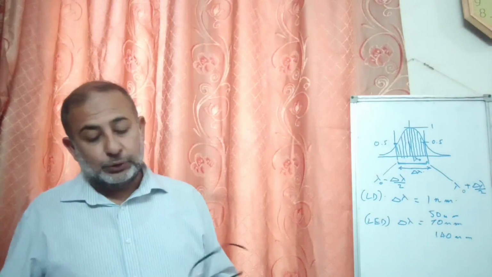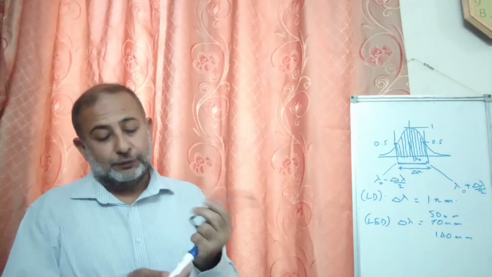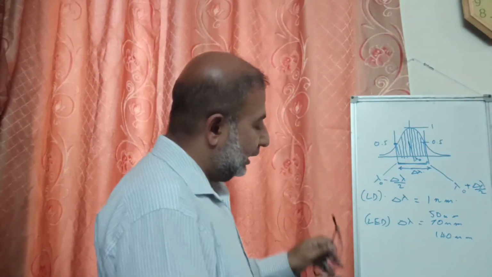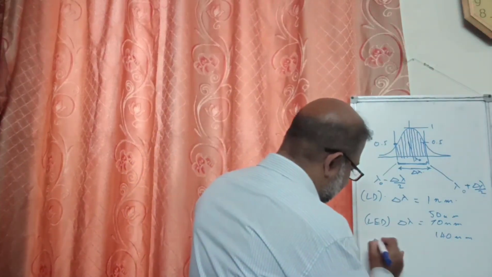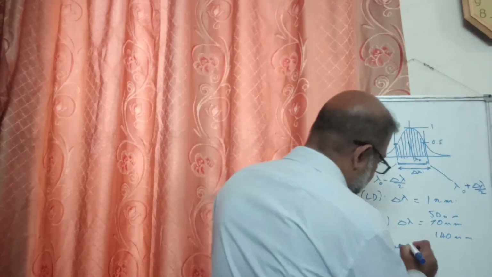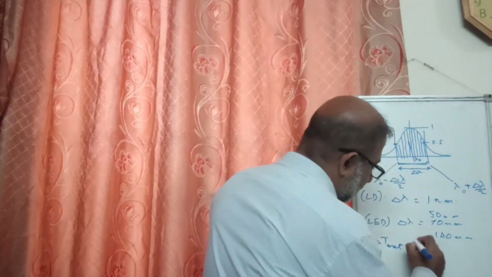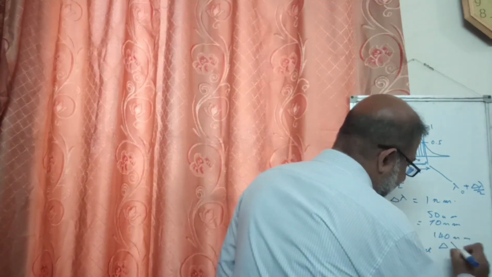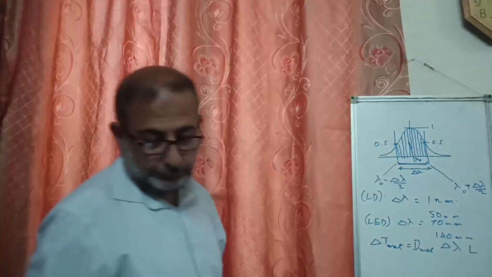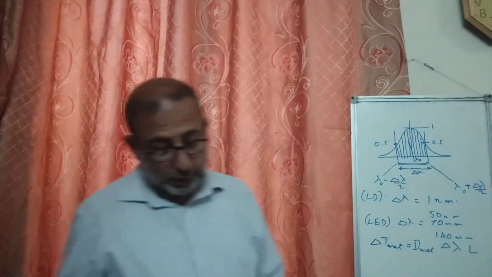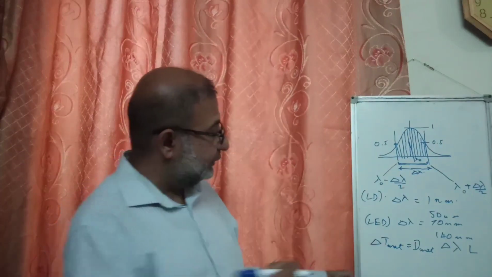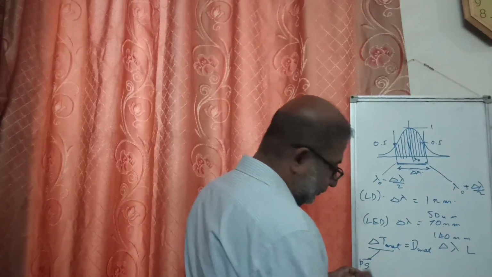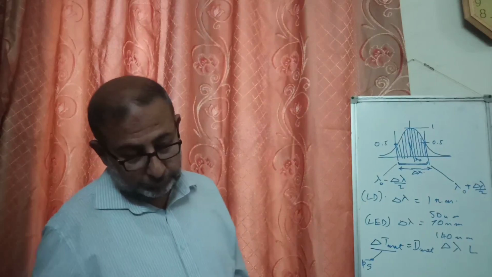If we want to calculate the value of this material dispersion, we can use the formula delta T material is equal to D material into delta lambda into L, where delta lambda is given in nanometers, right?